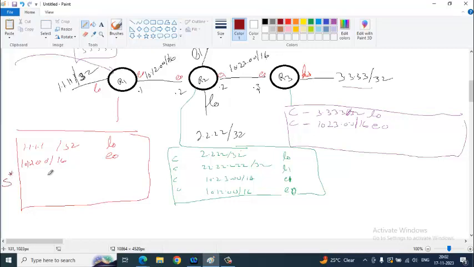Static default: anything that you do not know, whatever the subnet mask may be, any destination you don't know, simply send it out via E0.